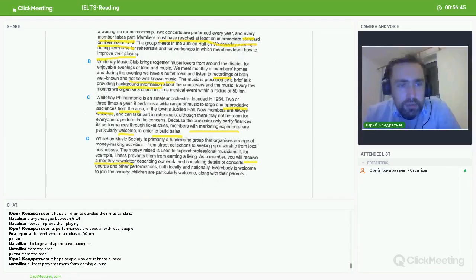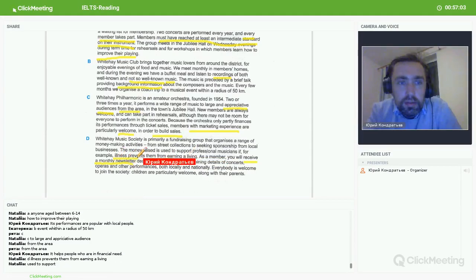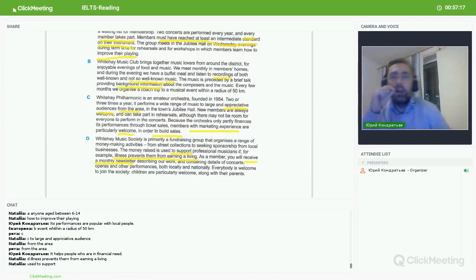Okay. Illness prevents them from earning a living. Natalia, D. That's financial need. What about helps? We need a paraphrase for help. Does it say that they help them? Okay. And support. Yes, used to support. So to support, that's to help. Absolutely. So we have done this text.